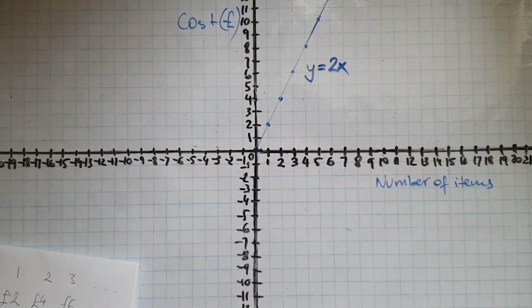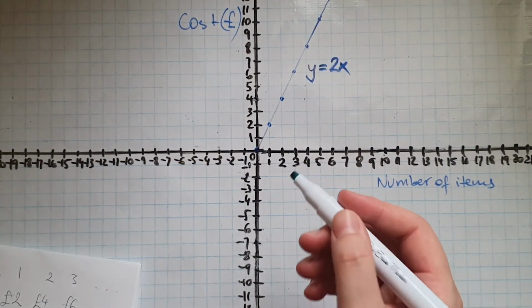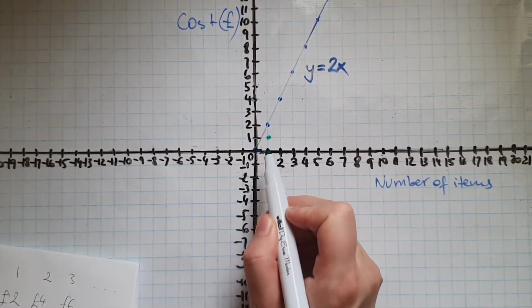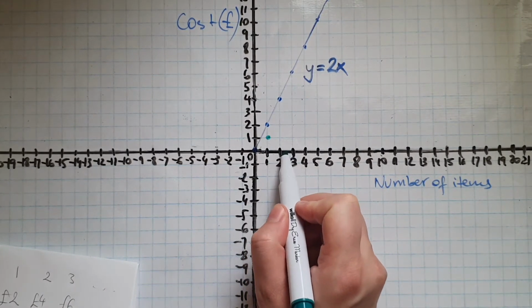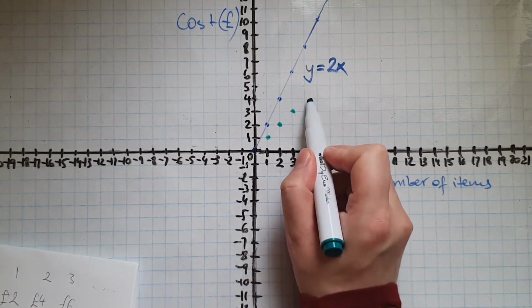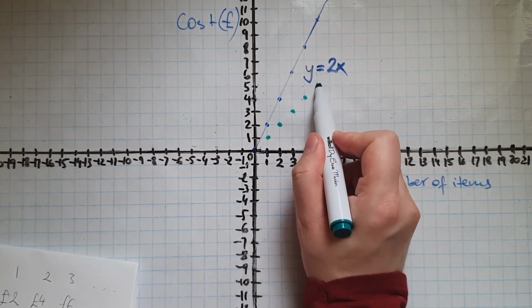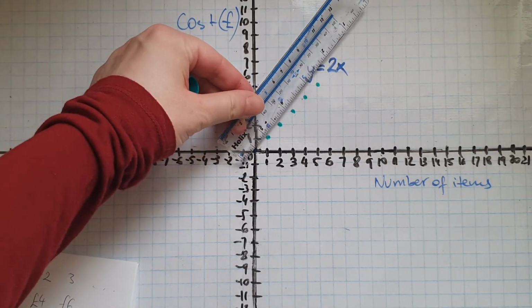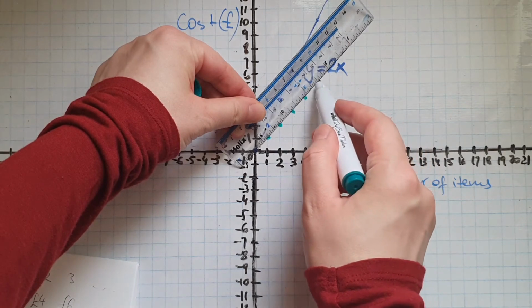Now if you go to a pound shop, each item will cost £1. So if you buy one item, it will cost you £1. 2 items, £2. 3 items, £3. 4 items, £4, and so on. Again, that makes a straight line which goes through the origin.